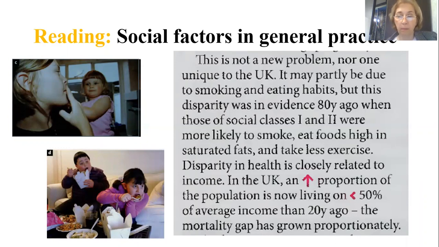It may partly be due to smoking and eating habits, but this disparity was in evidence 80 years ago, when those of social class 1 and 2 were more likely to smoke, eat foods high in saturated fats, and take less exercise.